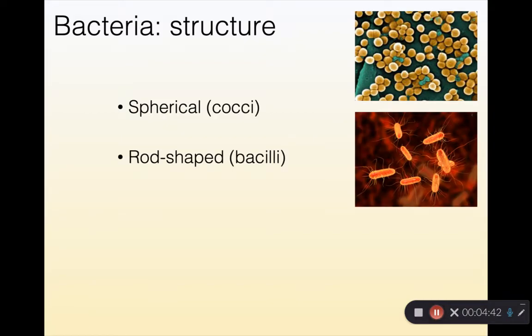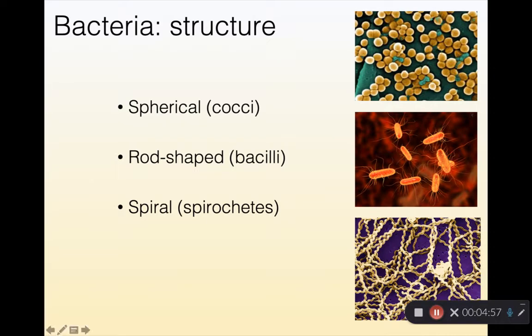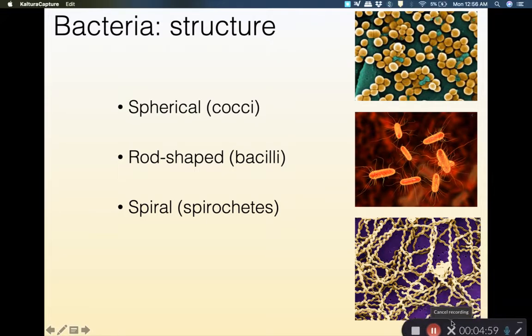Likewise with rod shape, but the root there is bacilli, for example Lactobacillus. Lastly, we have spirochetes, which come in a spiral shape, for example the bacteria we were looking at at the beginning of the lecture, leptospirosis.